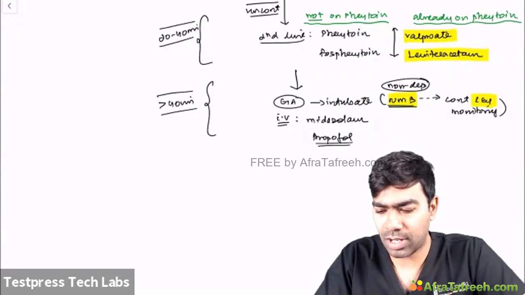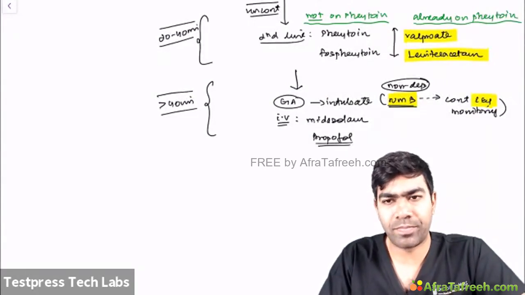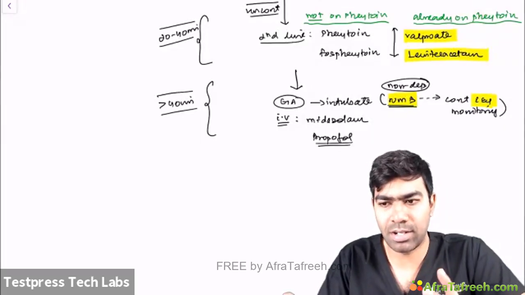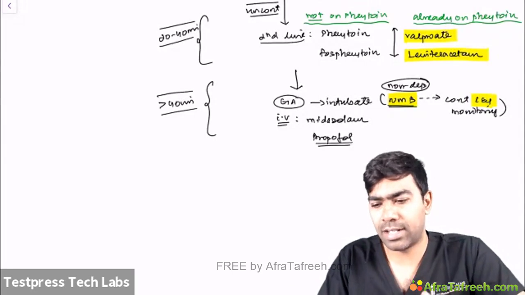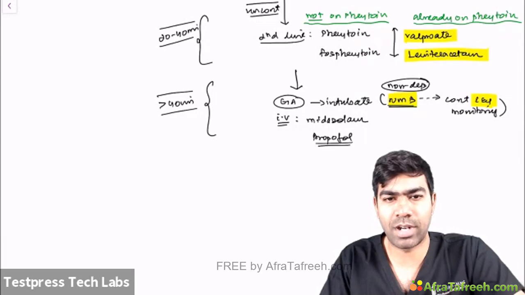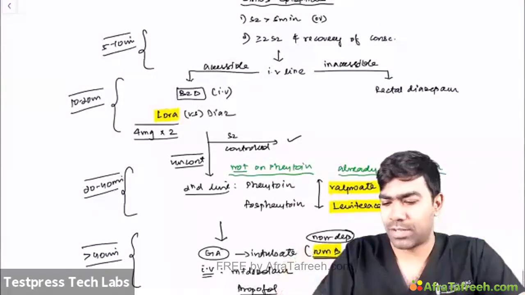So try to avoid it if possible, but if it's not possible, you can still go ahead with propofol, but be careful with the dose. There are substantial definitions and guidelines on how to use propofol. And don't forget to intubate the patient, otherwise the patient will die, of course. And this is how you're going to manage a patient with status epilepticus.